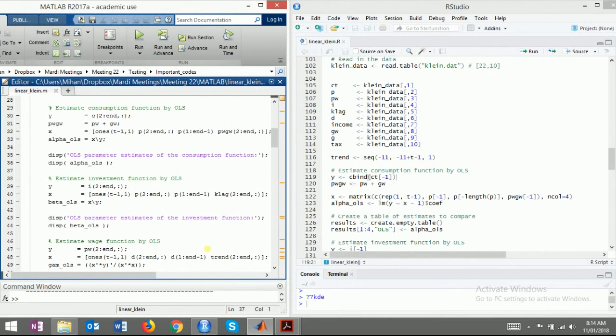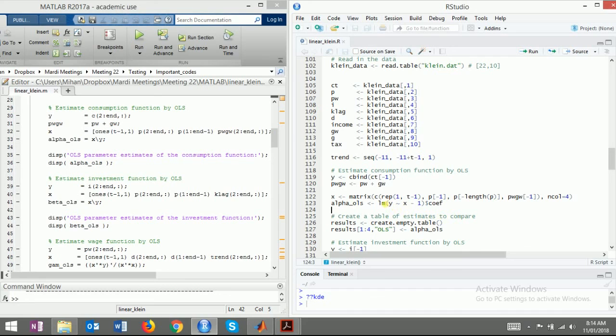The rest are all instrumental variables. Replication, then p minus 1, because 2 to end doesn't take in R, we do. You see, in the case of y it was c t minus 1, except for the first one.